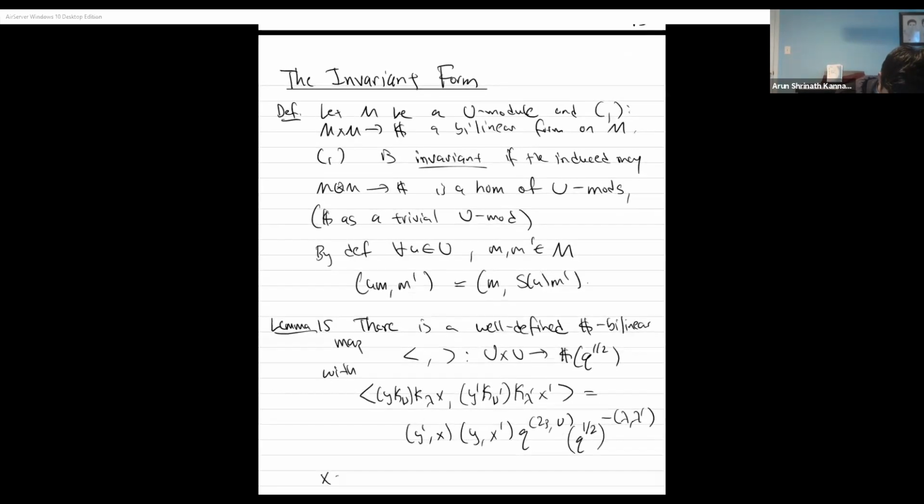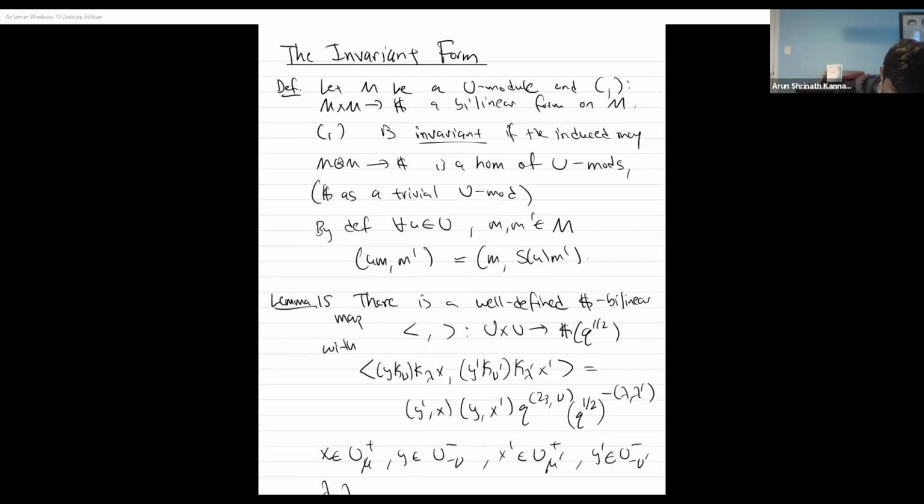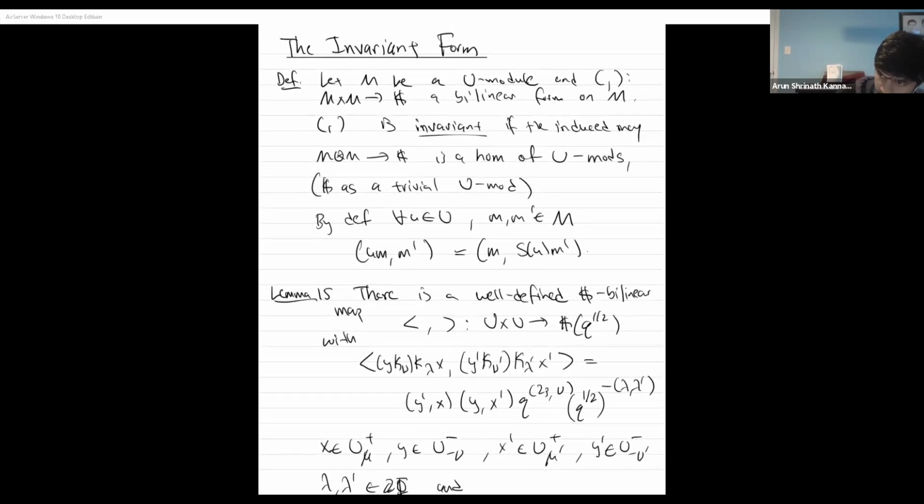So x is an element of U minus, U mu plus, y is an element of U minus nu minus, x prime is an element of U mu prime plus, and y prime is an element of U minus nu prime minus, where lambda, lambda prime are elements of Z in the root lattice, and mu, mu prime, nu, and nu prime are a positive sum of positive roots.